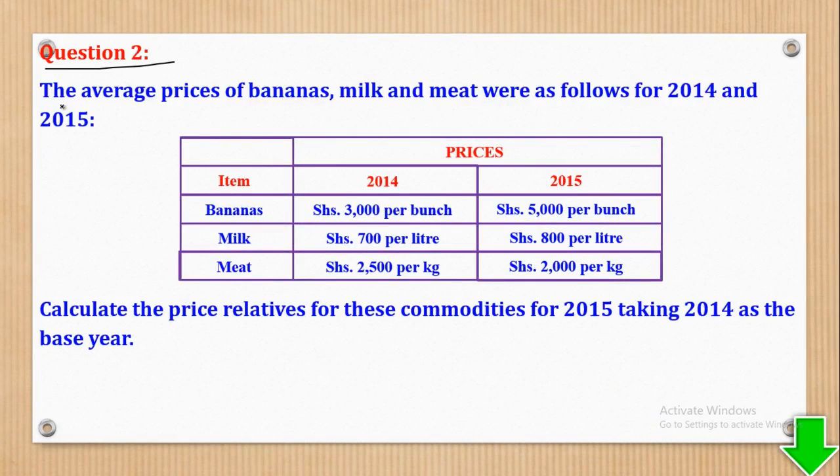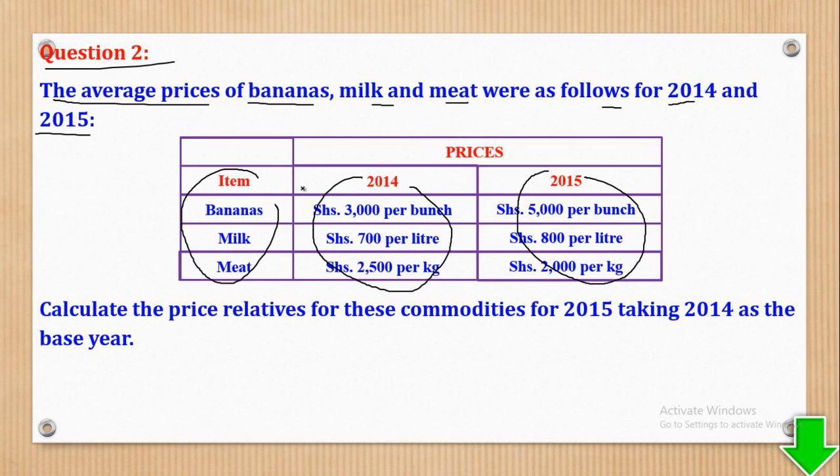Then question 2 says, the average prices of bananas, milk and meat were as follows in 2014 and 2015. Here they have tabulated for you the item, the prices in 2014 and the prices in 2015 for the same commodities.